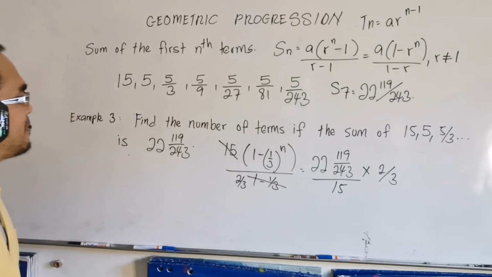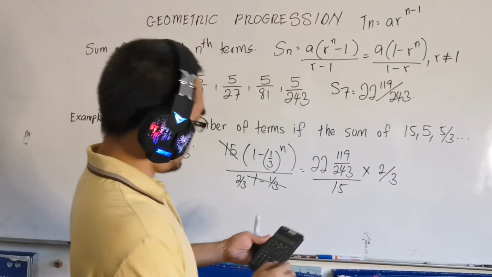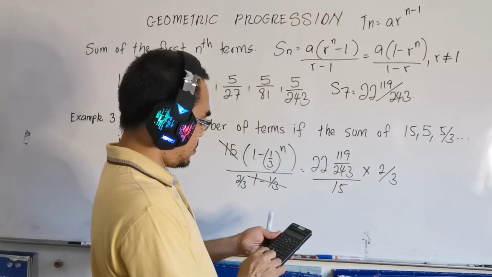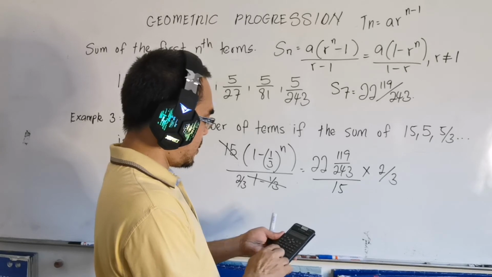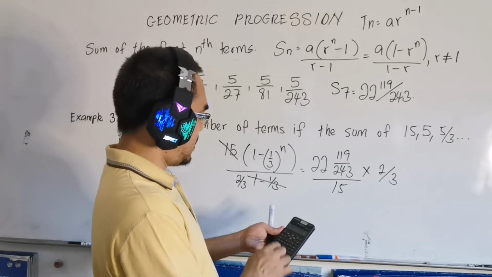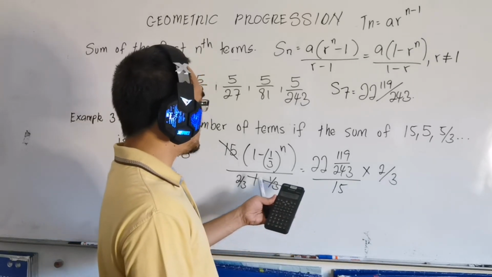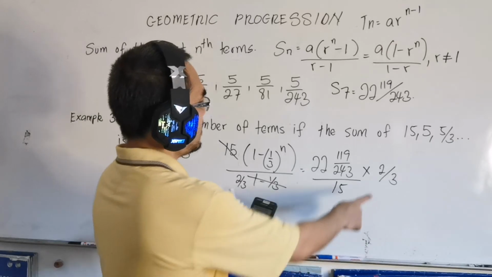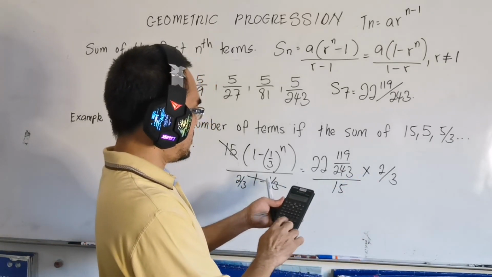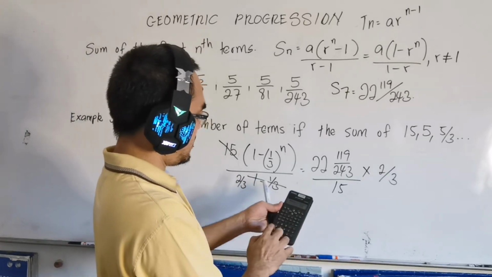So we simplify that. We change this to an improper fraction: 2219 over 243 will be 5,465 over 243 multiplied by 2 over 3, and divide by 15.